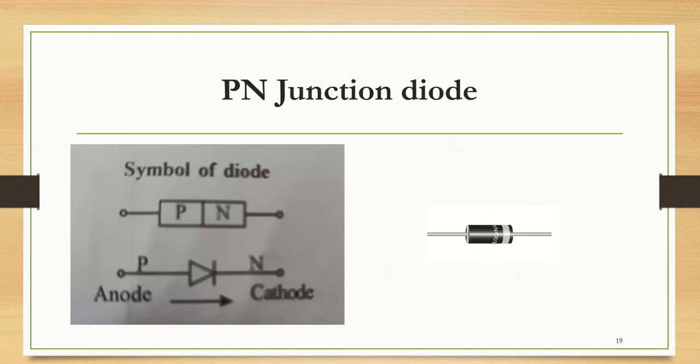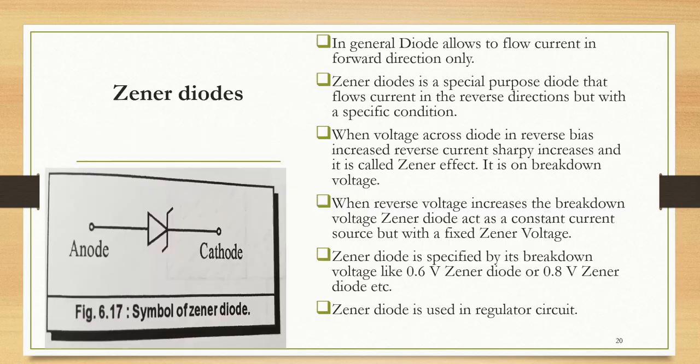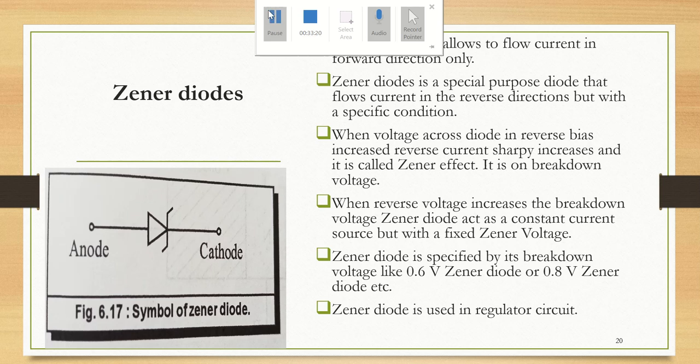Earlier, you have seen the symbol is vertical, the current flows this way only. But in Zener diode, current can flow this side also. So Zener diode is a special purpose diode that flows current in the reverse direction, but with a specific condition on the breakdown voltage.